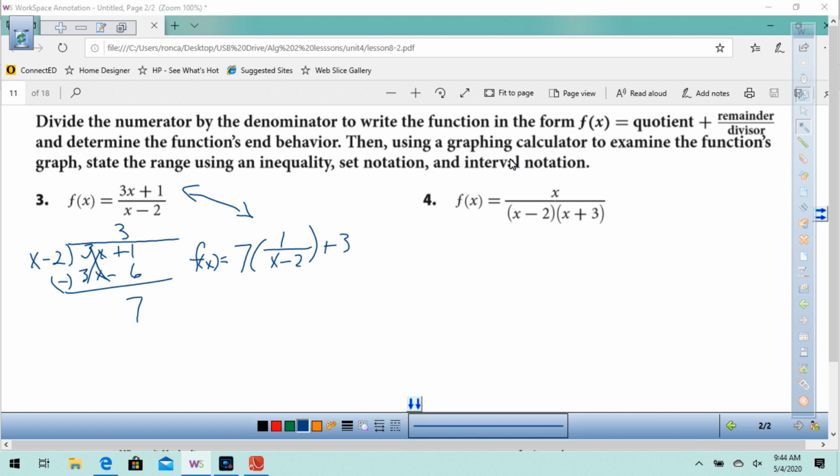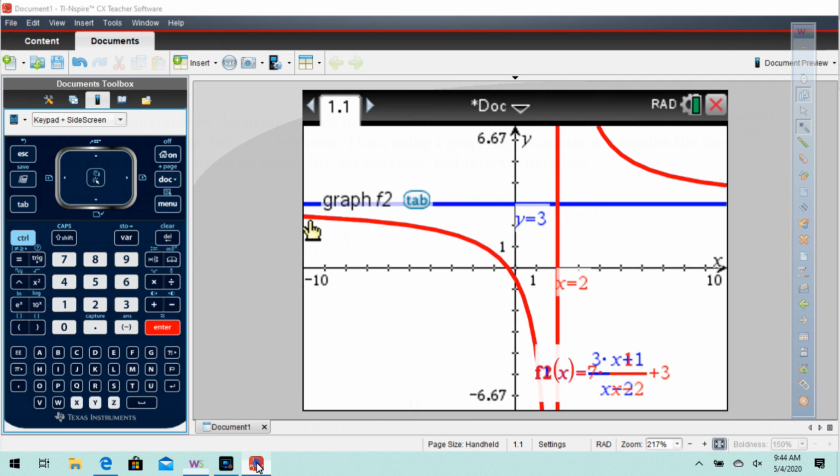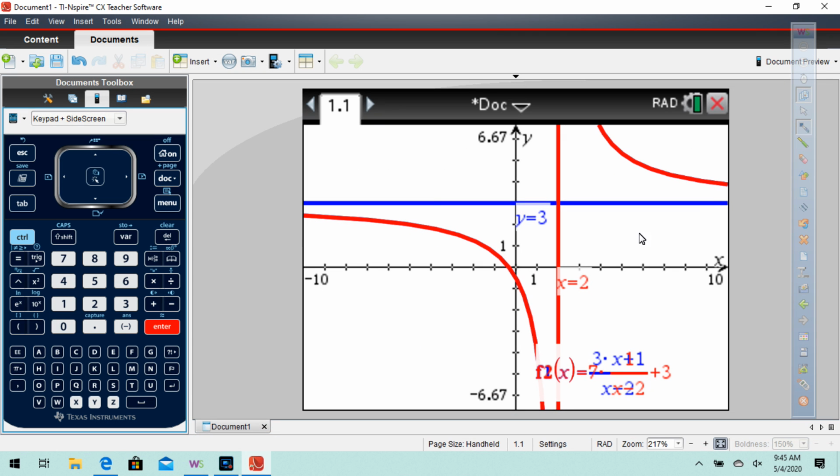All right. Now, end behavior. As x approaches negative infinity, f of x approaches 3. As x approaches positive infinity, f of x approaches, again, 3.